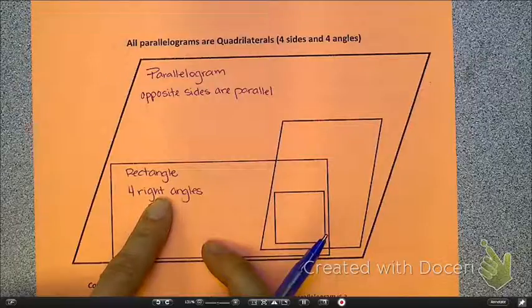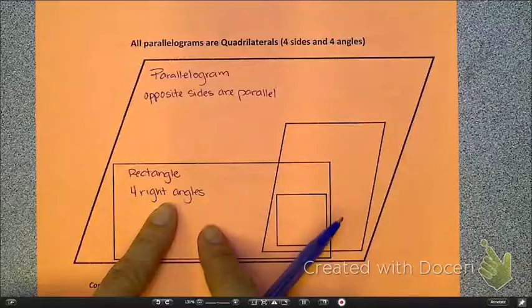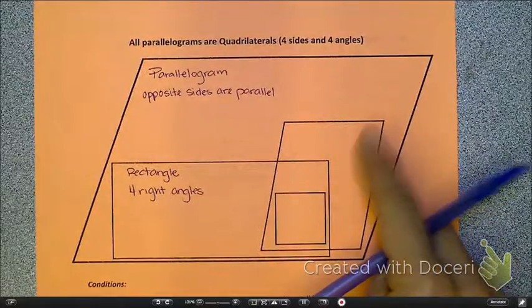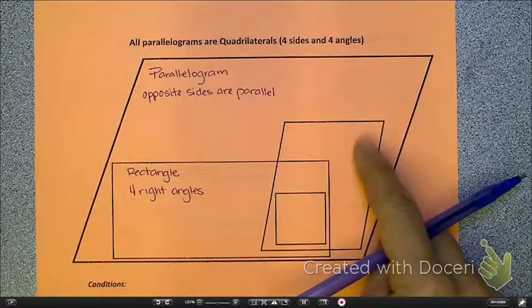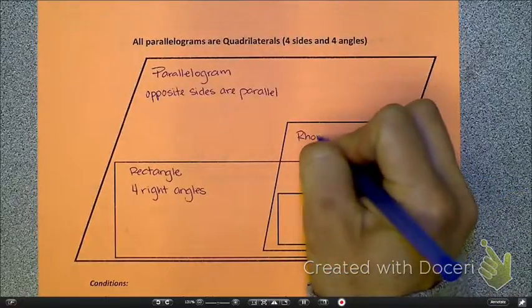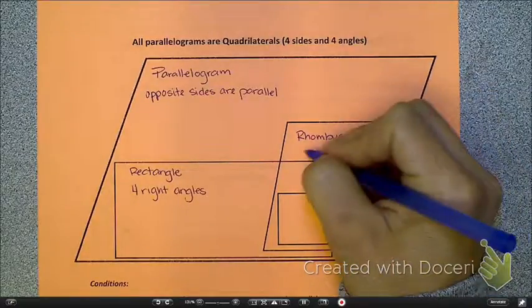Now, we could also have that it might not be a rectangle, but it might be a rhombus. Because a rhombus doesn't necessarily have 4 right angles, but what a rhombus does have is 4 sides congruent.